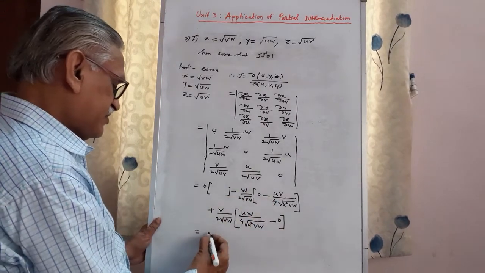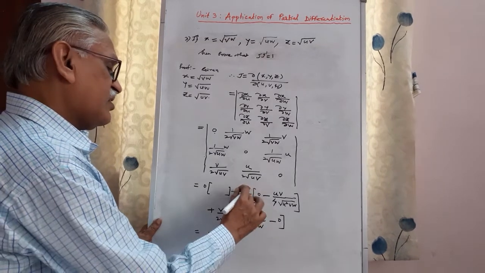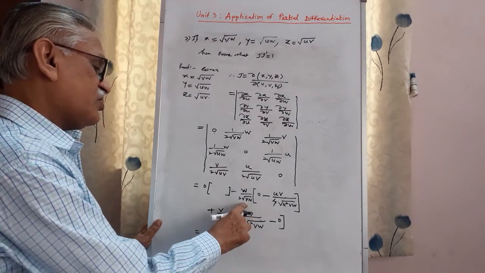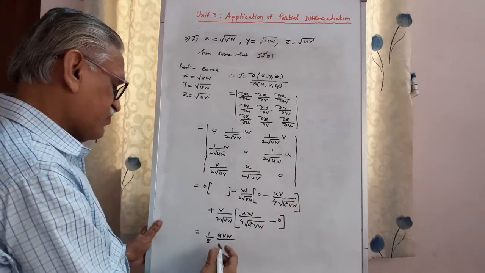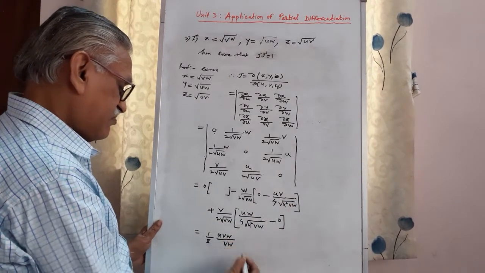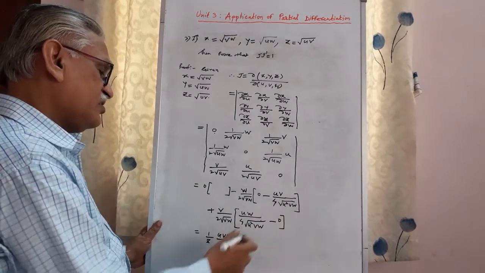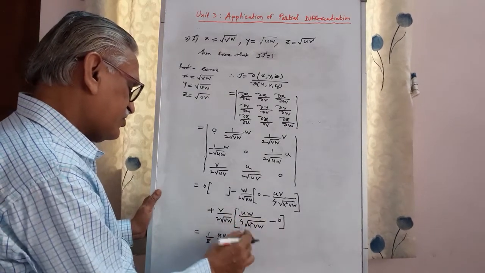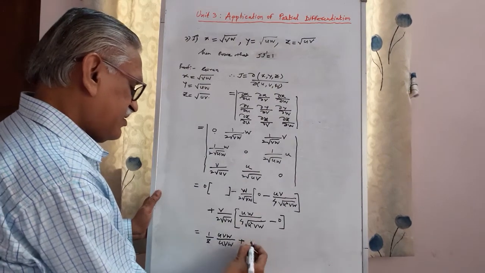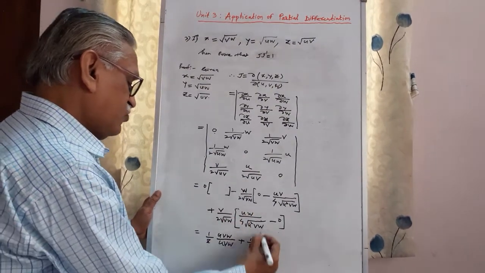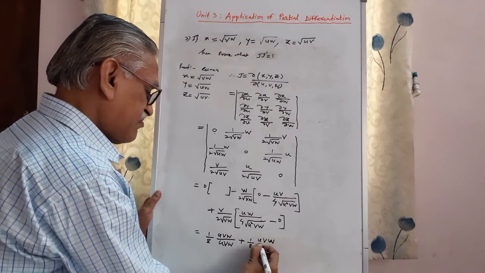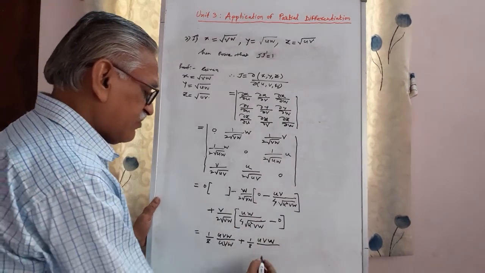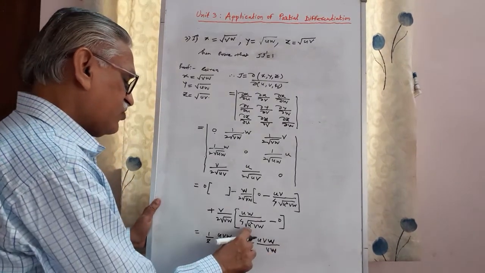Therefore 1 by 8 UVW, root VW into root VW becomes VW, and root of u square is u, therefore it is UVW, and same thing for this also, it is 1 by 8 UVW, and root VW into root VW is VW, and root of u square is u.